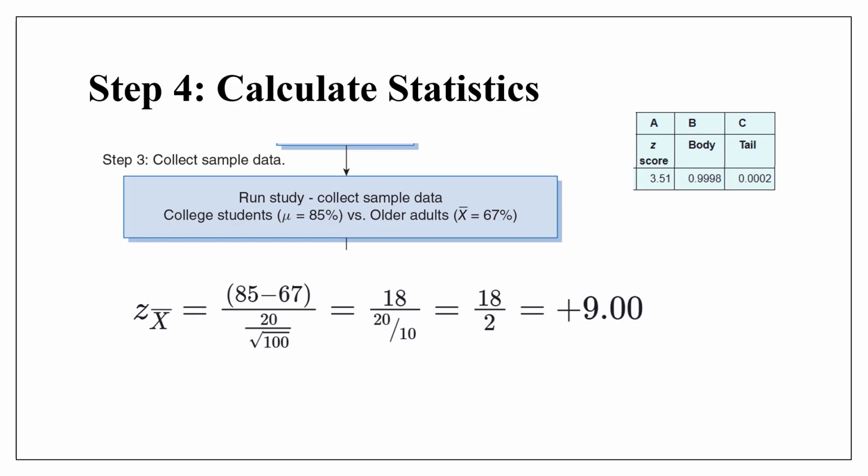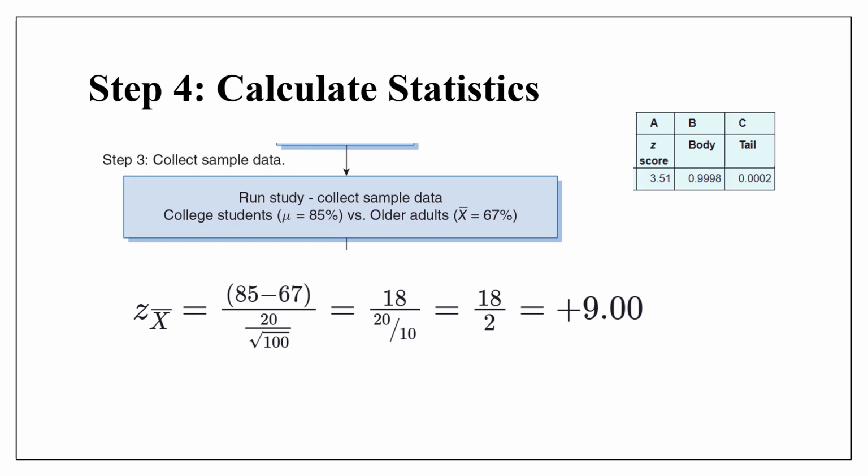And what we want to see is if the sample of older adults belong to the distribution of college students. If it belongs to that distribution, then we would say that they have similar memory. If we find that the sample of older adults land on the extremes of that distribution, then we would say that older adults belong to a different distribution, and thus there are real differences between them.